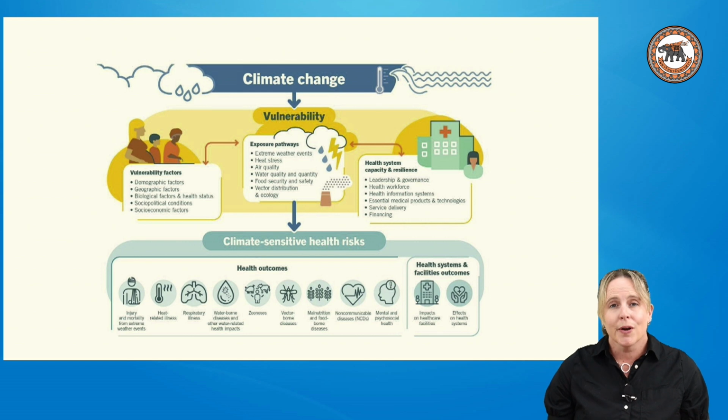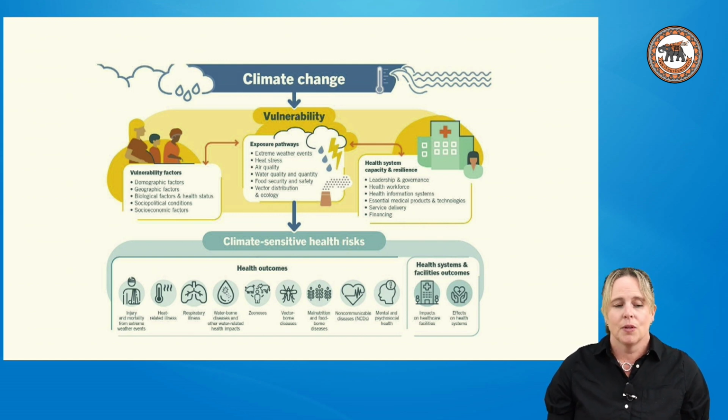So when we're working in community health, we're really focusing on the one on the far left, the vulnerability factors, and looking at the people that we're working with in terms of demographic factors, geographic factors, biological factors and health status, socio-political conditions, and then also socioeconomic factors.